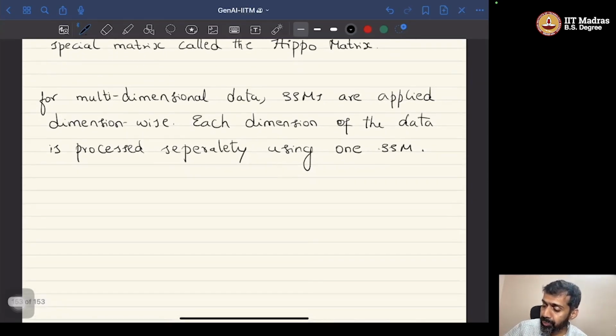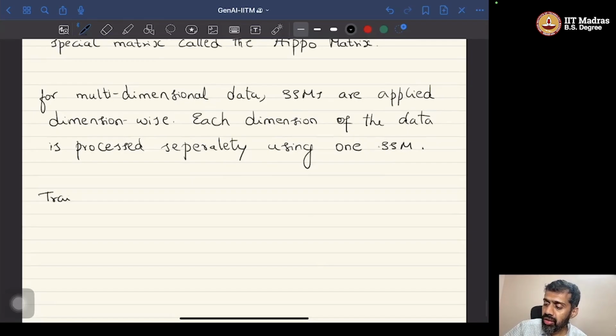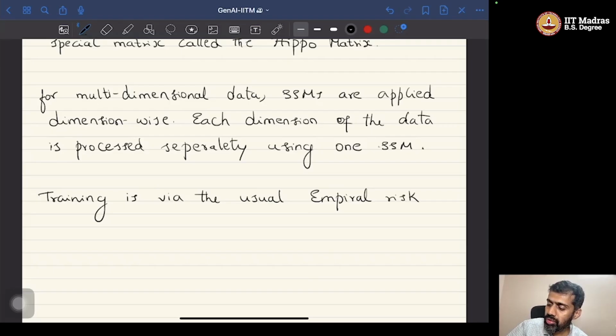Let me write that. Training is via the usual empirical risk minimization using some loss function.